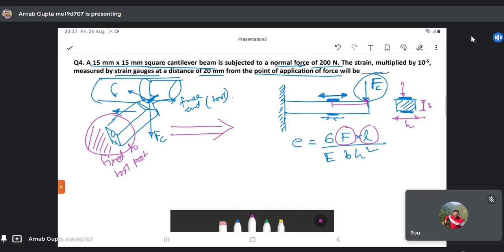I think the value of E is missing here, but you can substitute the other values: 6 into 200 into L, which is 20 mm, divided by E into B H square, so it's 15 into 15 square.